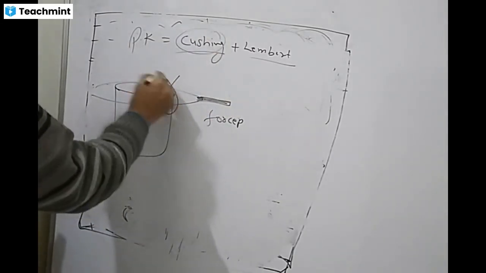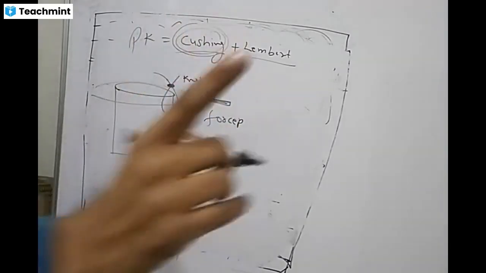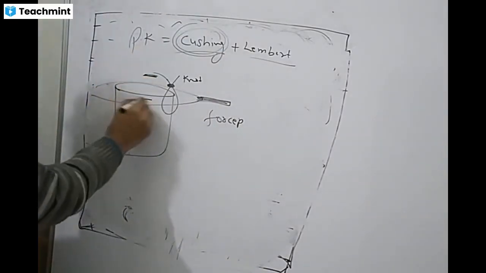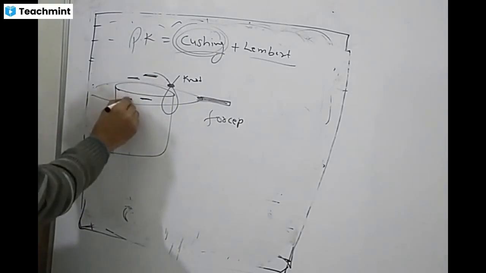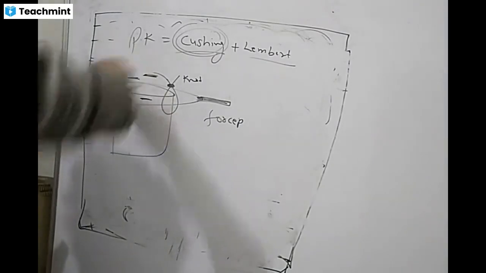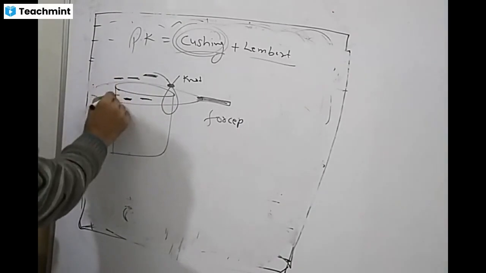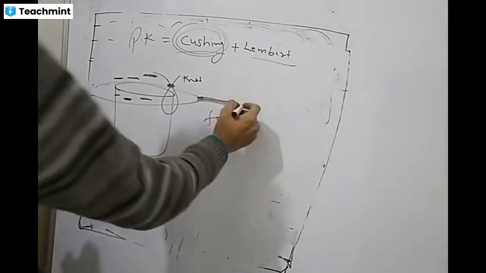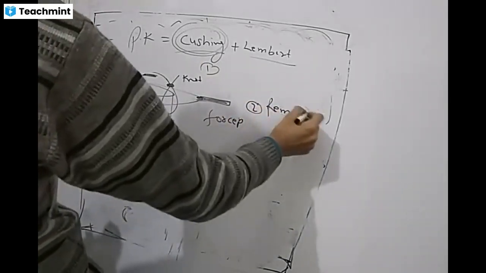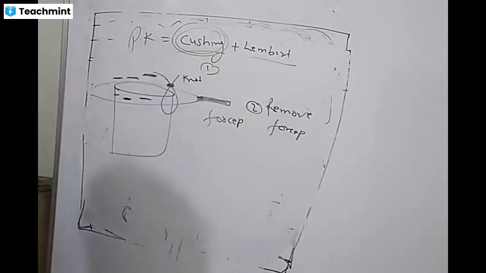First we apply a knot and we start Cushing. Cushing is continuous and it is parallel to the incision. After applying this Cushing up to here, second step, we remove our forceps.